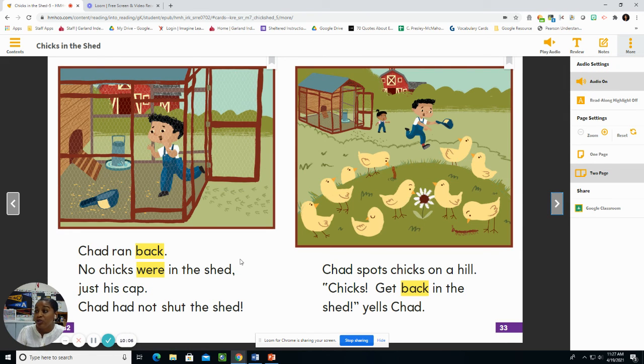Why are there no chicks in the shed? There are no chicks in the shed because Chad had not shut the shed. Where are the chicks? The chicks are on a hill.